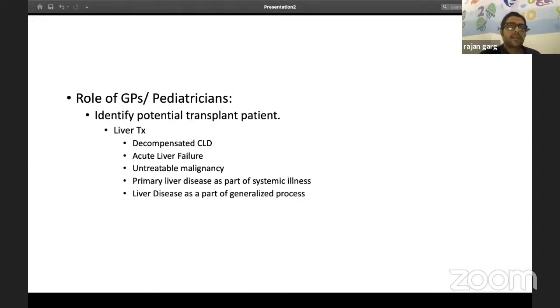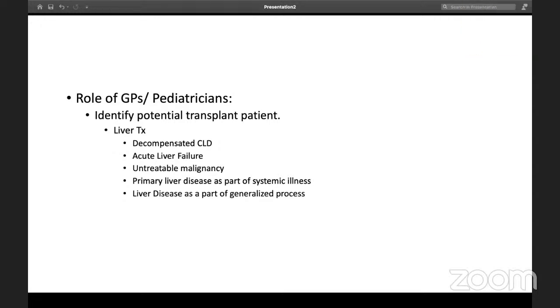The second thing is being suspicious, okay, this patient might need one, and identifying those patients. Once they have identified, they can confirm by themselves whether the patient needs a transplant or not. They can have a fair estimate by doing some simple investigations. And then the third part is the counseling.